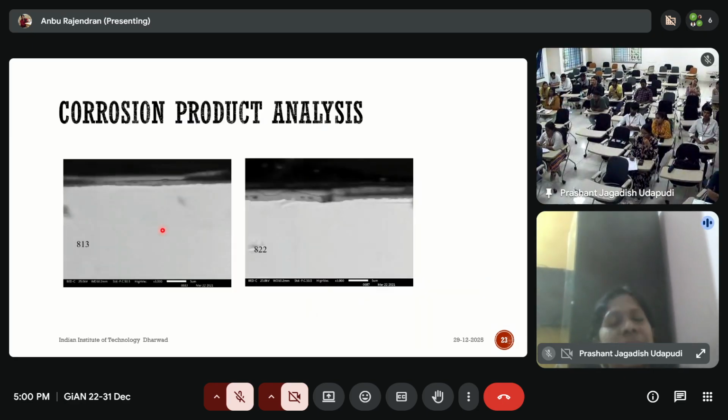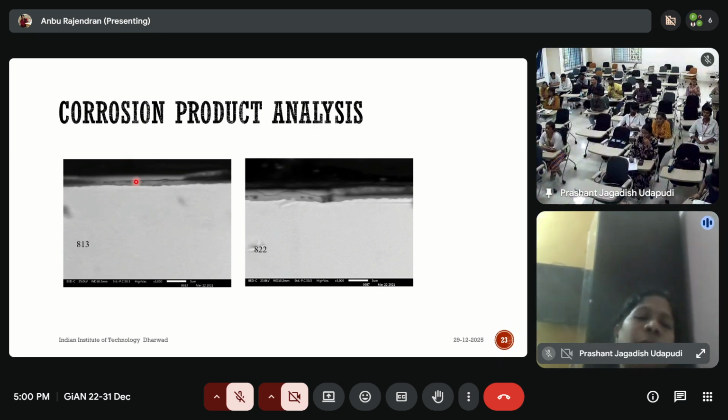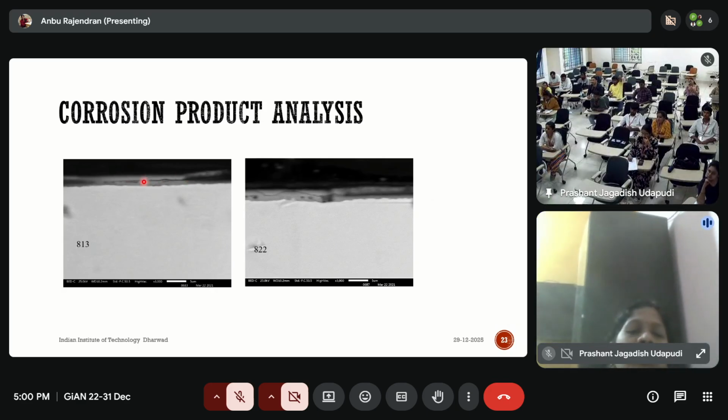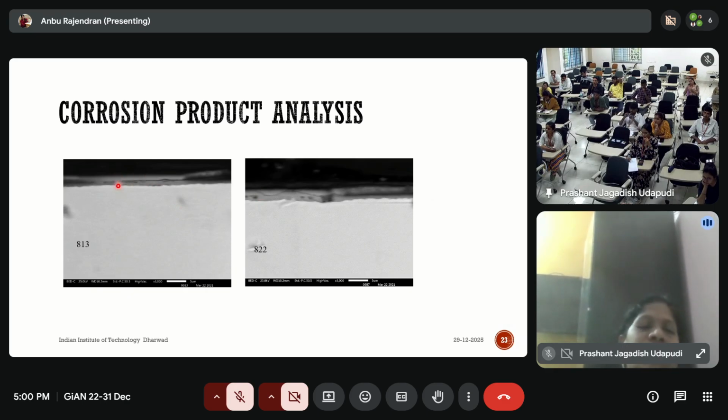This is one of the steel samples. We did corrosion testing, and at the end of the test we found some corrosion product on the surface. This could also be found by SEM. This is in as-polished condition, so after polishing we could see the layer formed. This is a steel sample, a ferrous sample, and the product is iron oxide.